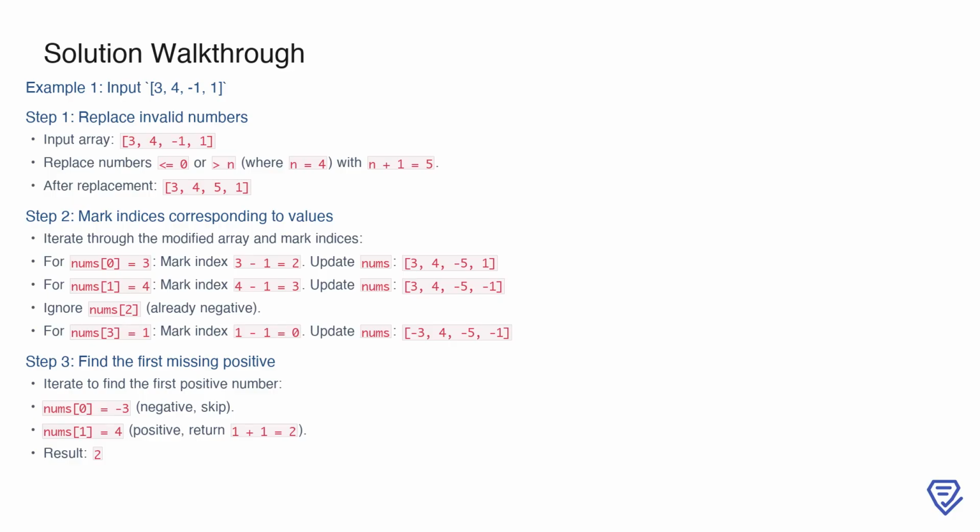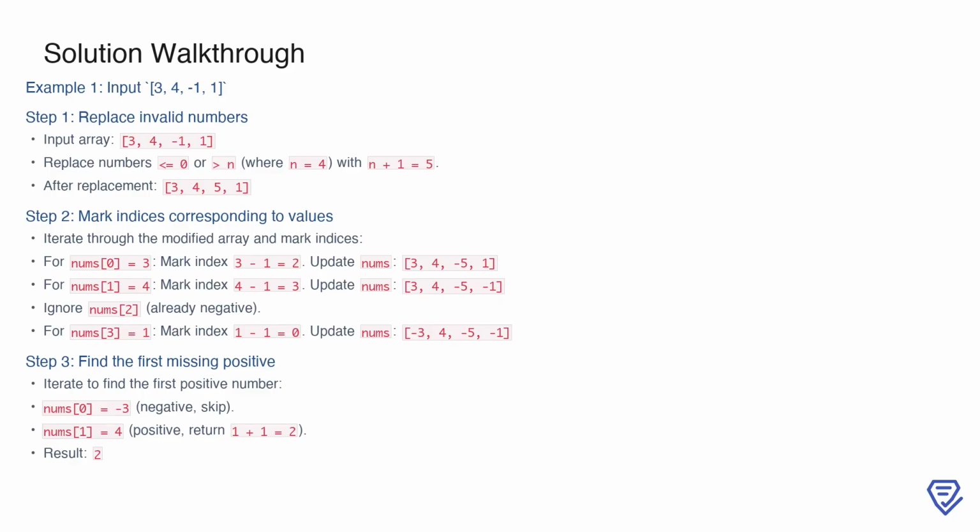Next, we move on to marking indices based on the values in the array. For each number in the array, if it is within the valid range, we calculate its corresponding index as value minus 1 and mark it by making the number at that index negative. For instance, when the value is 3, we mark index 2, updating the array to 3, 4, -5, 1.